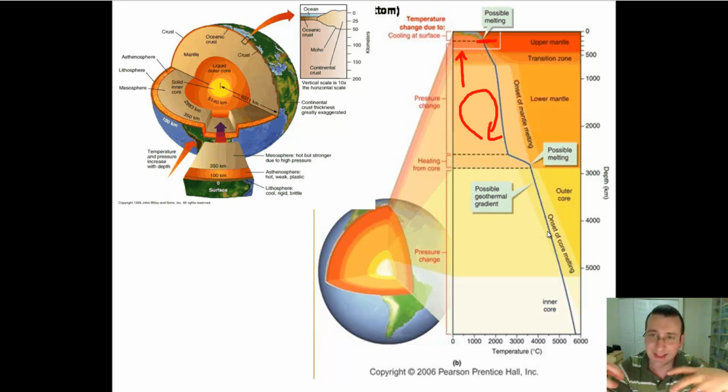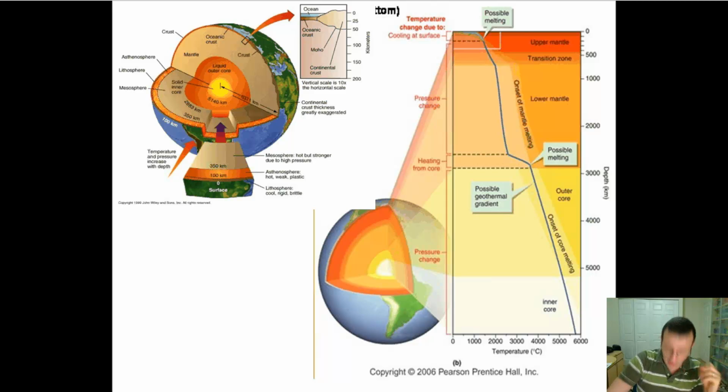The rock wants to melt, but it won't, because the melting point is increased tremendously by the massive amount of pressure, which forces the material to remain solid, and that's the iron and liquid crystallization that happens in the core. Alright? That explains the layers of the earth and why they are the way they are.